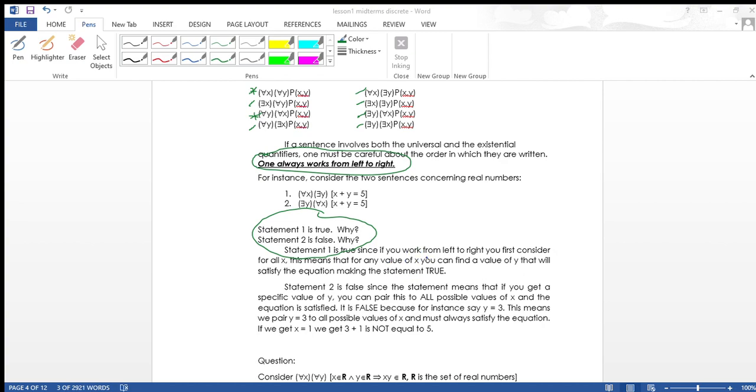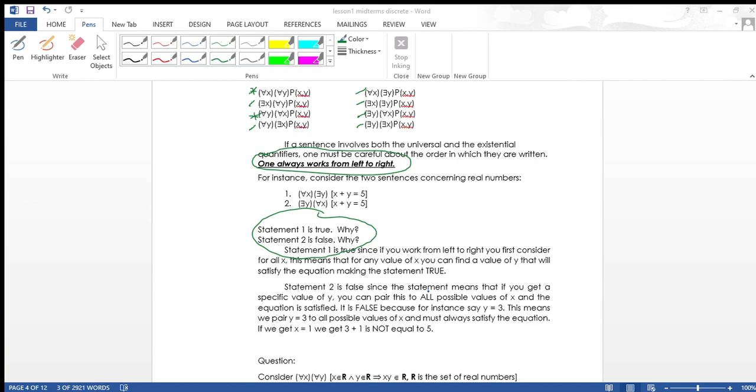So let's say if x1 is 1. Let's say if x2 is 2. Let's say x3 is 3. Let's say x4 is 4, and so on. Okay? So we must exhaust, in this case, what he is saying there is that all possible real numbers must be paired with 3 and must satisfy this equation x plus y equals 5.